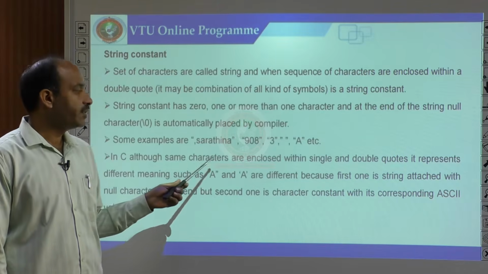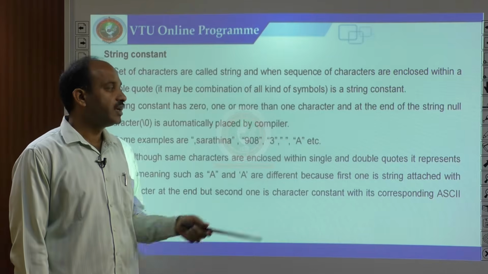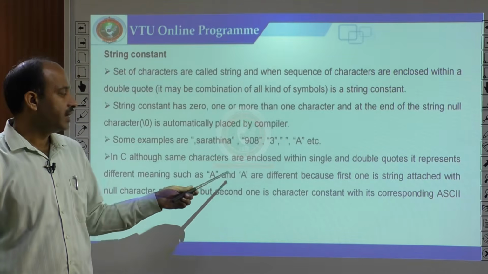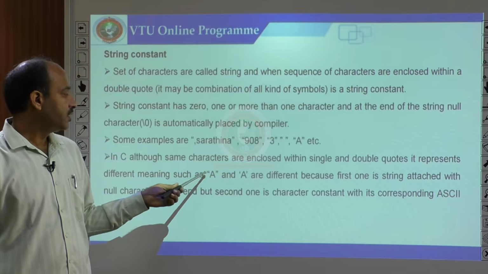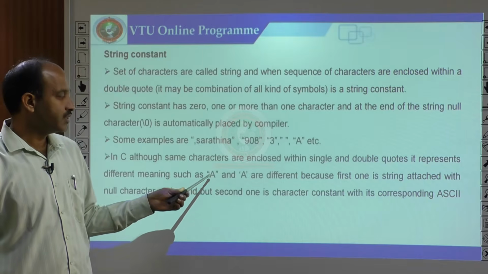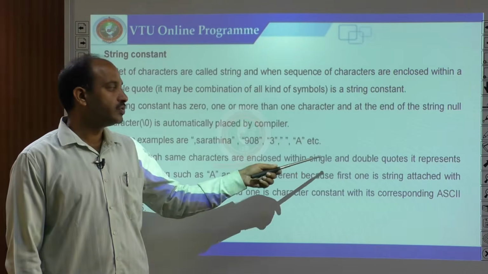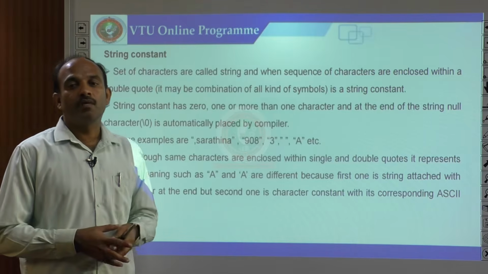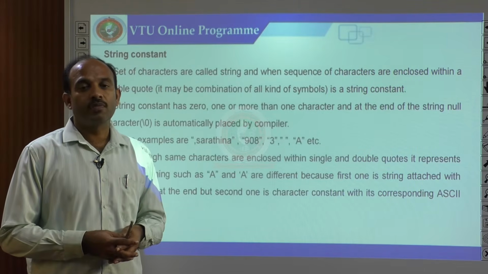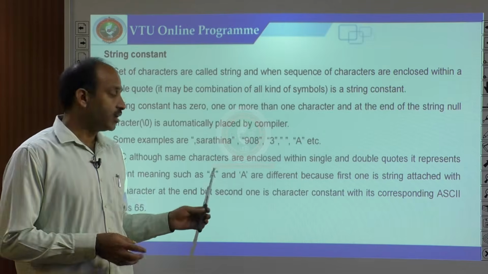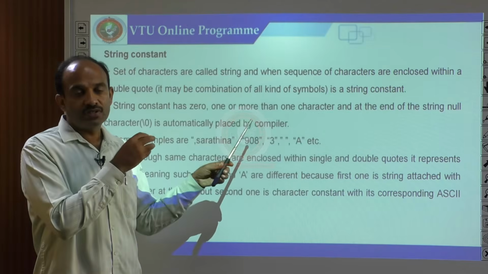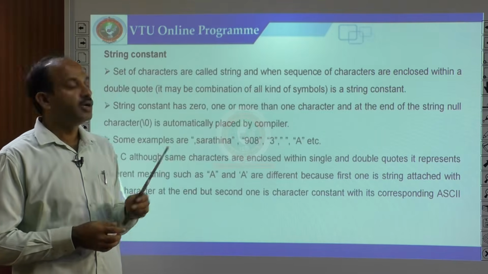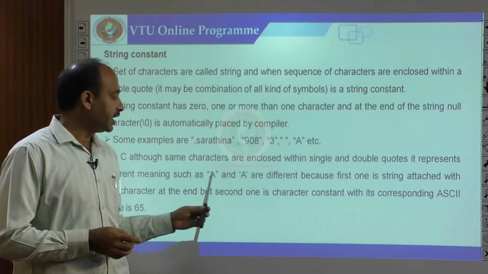In C, although the same character is enclosed within single or double quotes, it has a different meaning, such as 'A' and "A". Even though both are the same character, enclosed in single and double quotes they represent different things. The first is a string because it is surrounded by double quotes, and as mentioned, the null character is defined at the end of the string, so it is A followed by null.